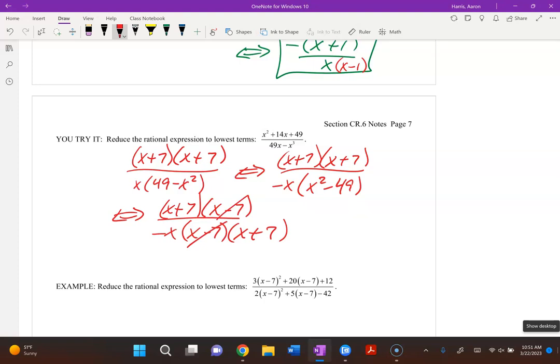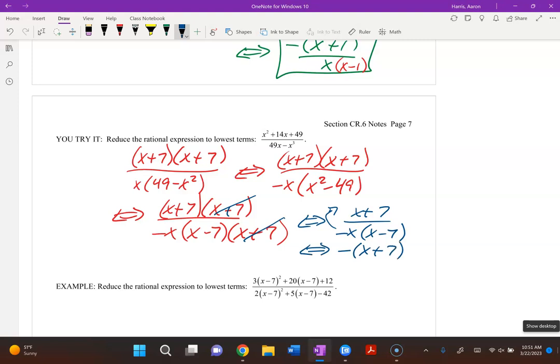Oh my gosh. Change that again. That is supposed to still stay a plus right there. Okay, now we can cancel x plus 7, x plus 7. I'm going to take that negative up top as well. So let's take that up top. And now we're all done right there.